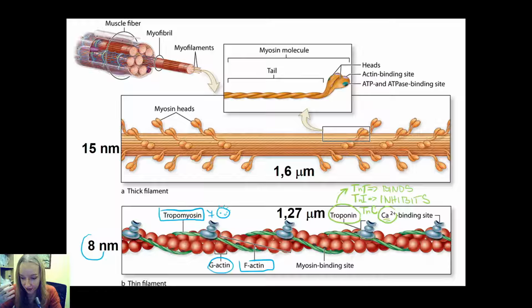Calcium will bind to troponin C. Then troponin I will change conformation, and the tropomyosin will be drawn deeper into the actin filament, so the myosin can bind to actin. I'm going to explain it once again because this mechanism of contraction is very important. But just remember right now that they have some functions.